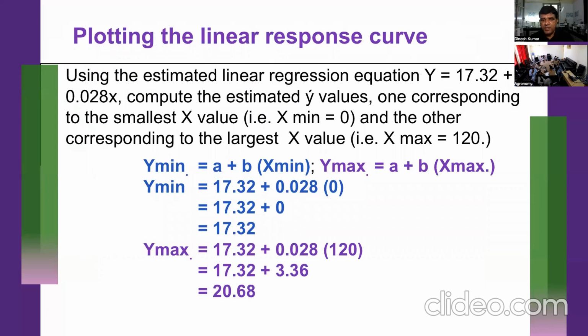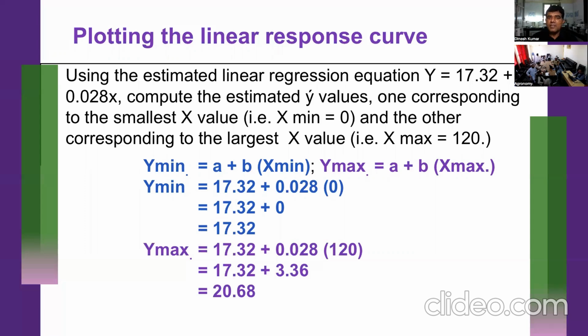Now, same equation we want to plot. You know, you are the really best student having good knowledge of mathematics. If you know the value of y and x, you can represent this equation in the form of a graph or chart.